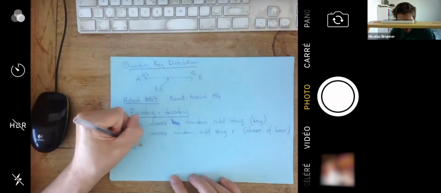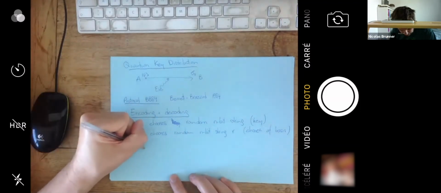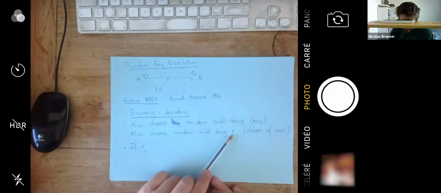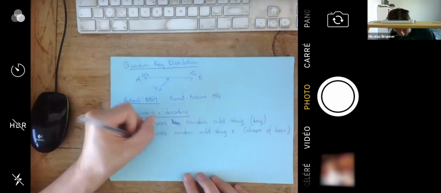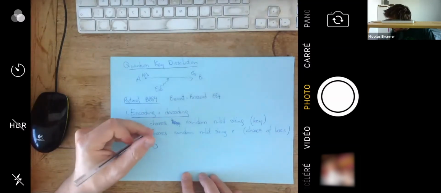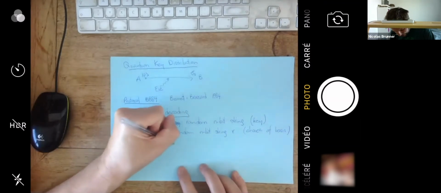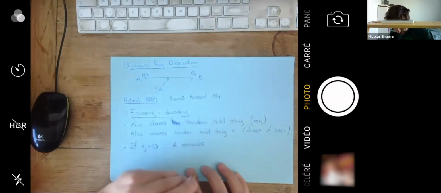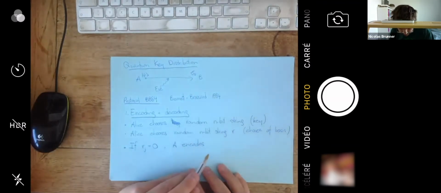In round j, we look at the jth component of this n-bit string R. If this is 0, then A encodes the key bit. I didn't give a name to this one.